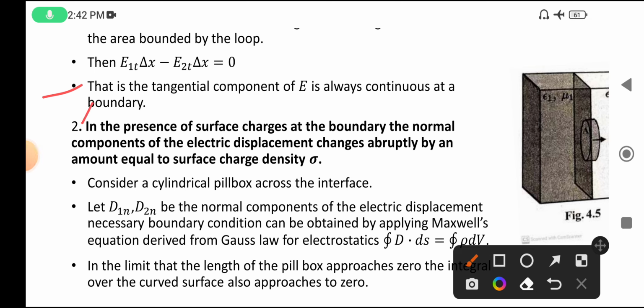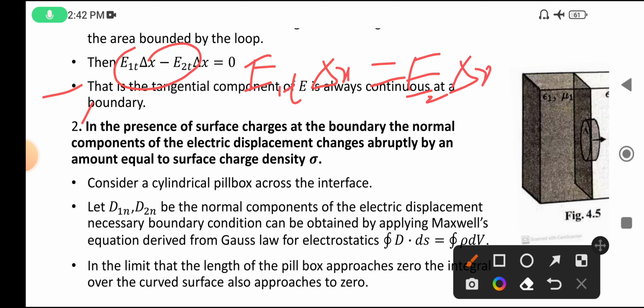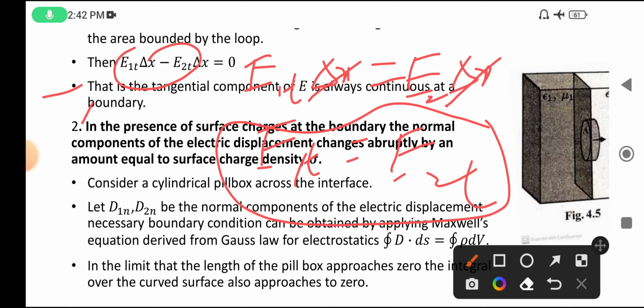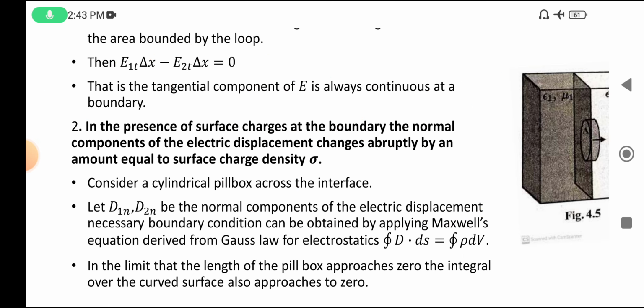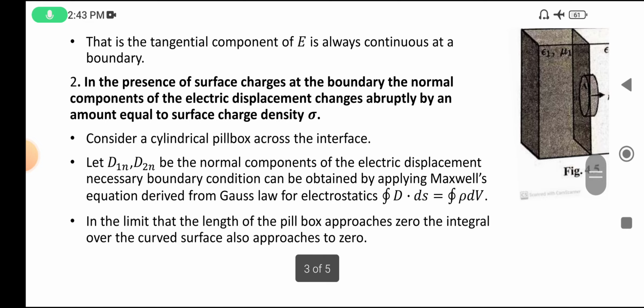This is called continuity of the electric field at the boundary: the tangential component of the electric field is always continuous.